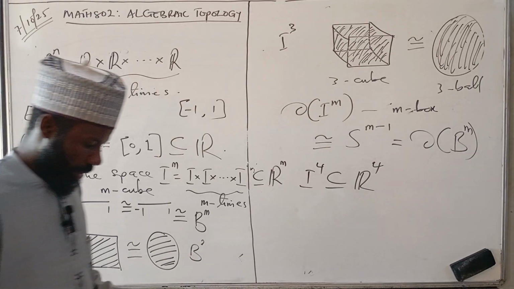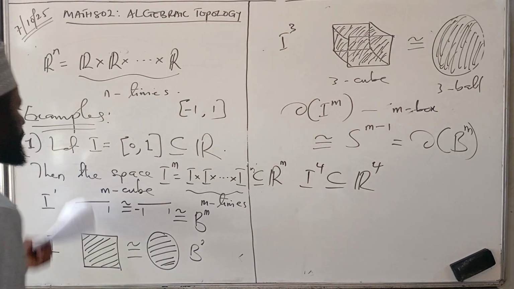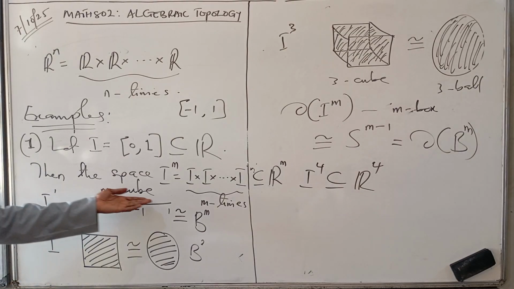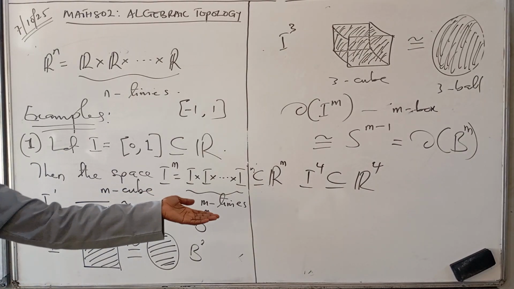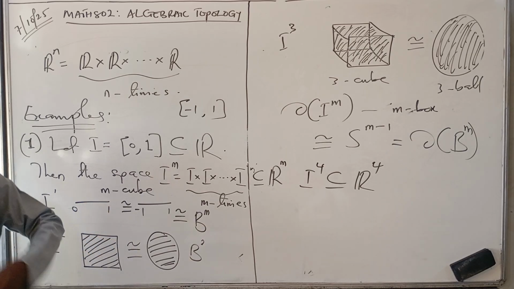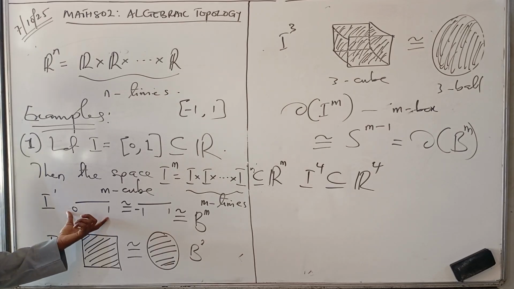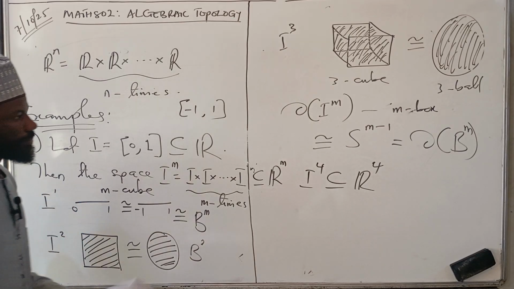All right. So that is my first example. I^m, the m-cube, is a product space. It's a manifold, but it's constructed out of the existing manifold from one ball or one cube. Just an interval, 0 to 1, half interval.